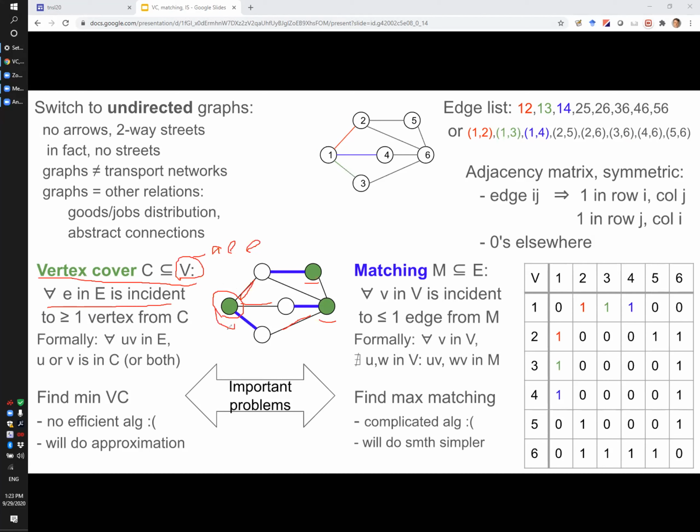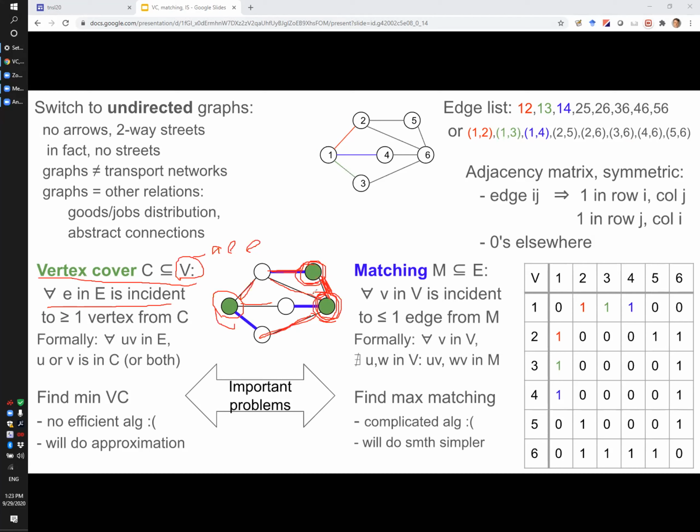Okay, so the subset of vertices is called a vertex cover if it quote unquote covers all edges, meaning that no matter which edge in the graph you take, at least one of the endpoints of the edge will be incident to the vertex in the cover. So you can check for this graph, every edge is incident to at least one vertex. This edge is incident to green vertices, to the vertices in the vertex cover on both ends. That's fine.